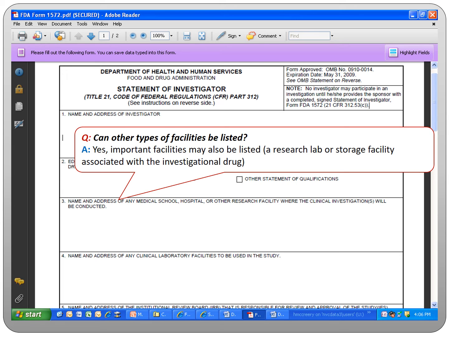If you have a research lab that's involved, if you have a storage facility for any kind of biologic specimens, a storage facility where investigational drug samples are managed, then yes, all those places that would be clearly important to conducting the clinical trial, then yes, you would include those there too.